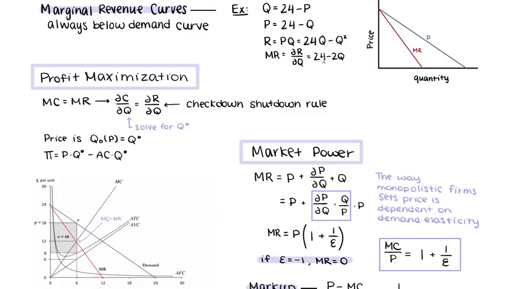You get 24 minus 2Q. That is this. And the demand curve is 24 minus Q, obviously.